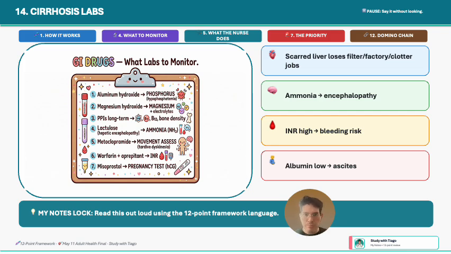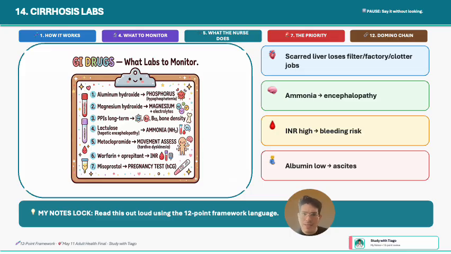Bilirubin connects to bile and jaundice. If bilirubin rises, the patient may look yellow, have dark urine, pale stools, or itching. Platelets can be low in chronic liver disease, especially with portal hypertension and splenic involvement, which adds to the bleeding risk.